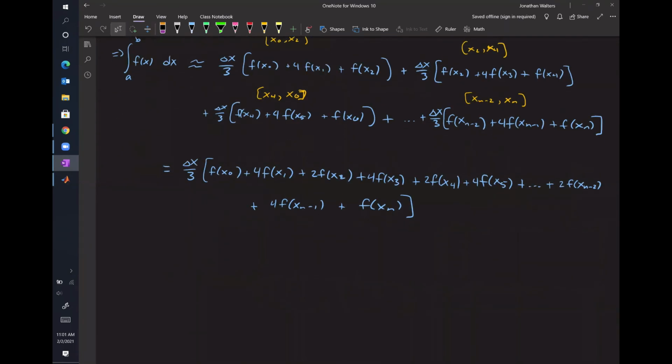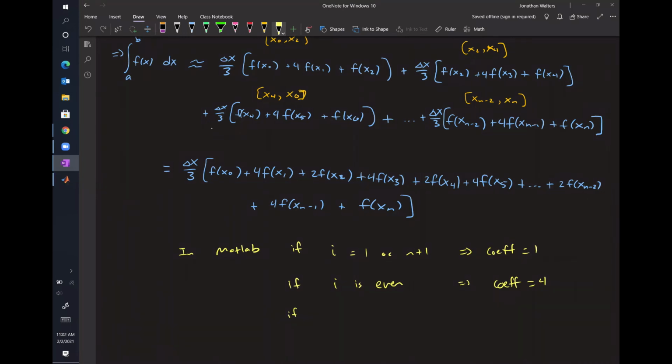So basically, in Matlab, just make a note. If i equals 1 or n plus 1, the coefficient equals 1. If i is even, the coefficient will equal 4.